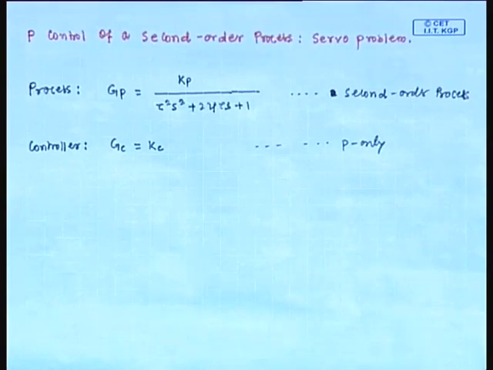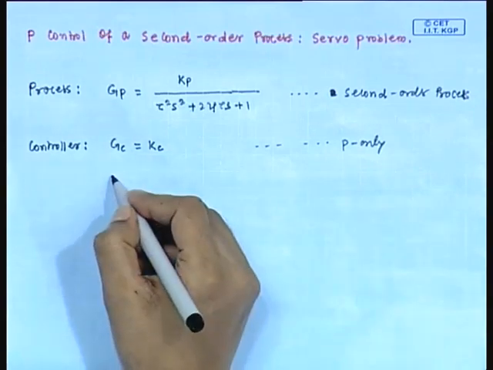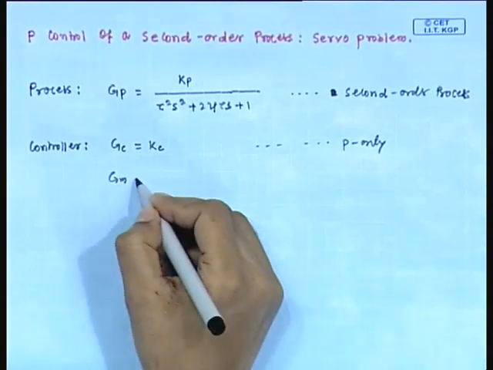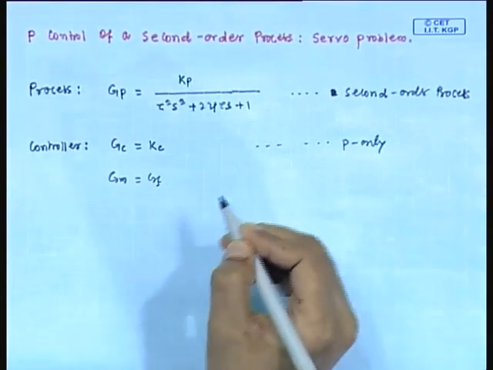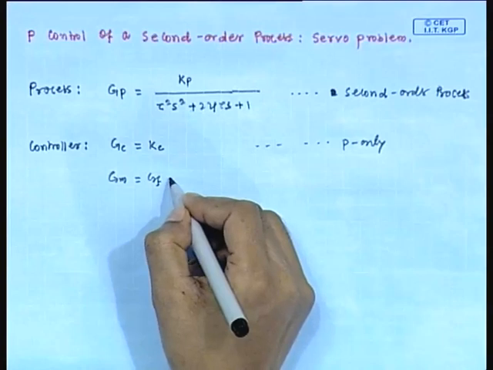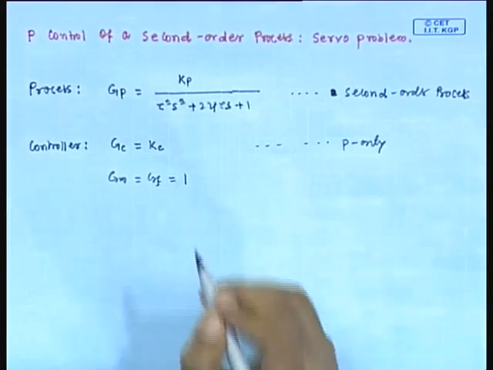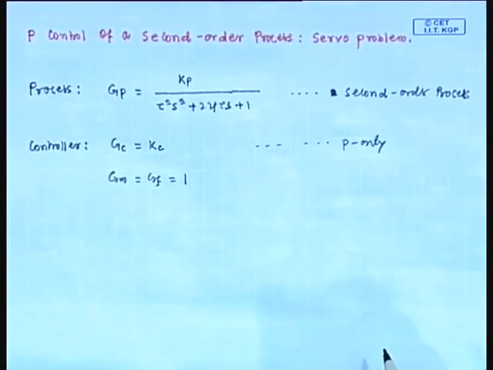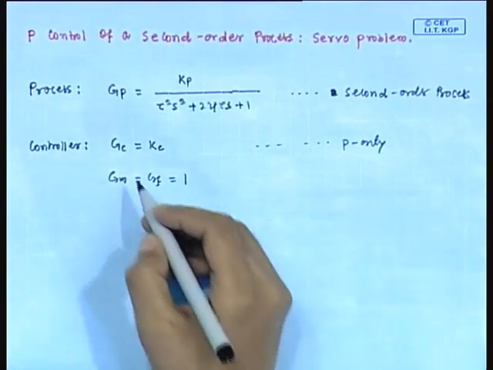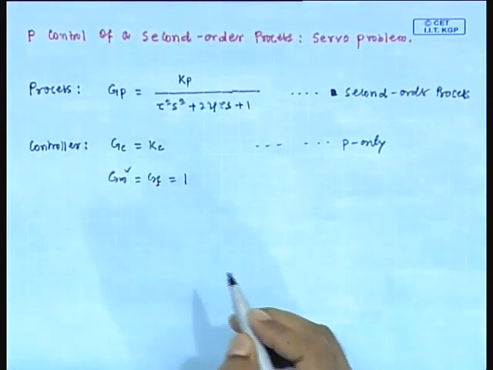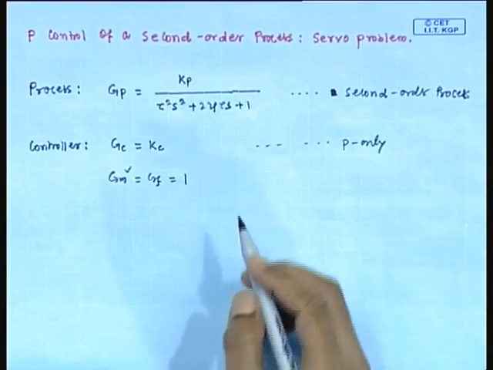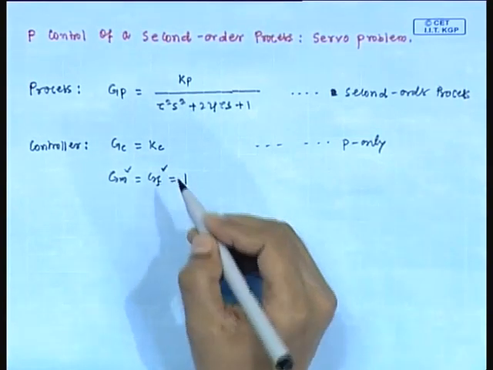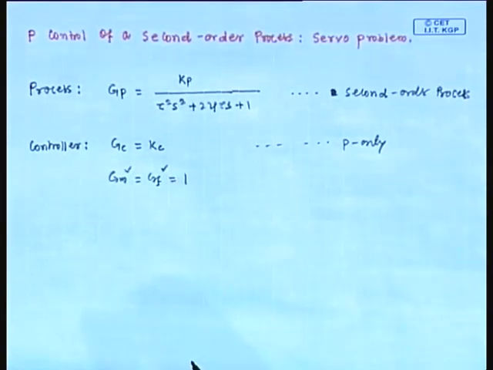For simplicity, we will consider Gm and Gf both equal to unity. The transfer function of the measuring device, Gm, and of the final control element, Gf, are equal to 1.